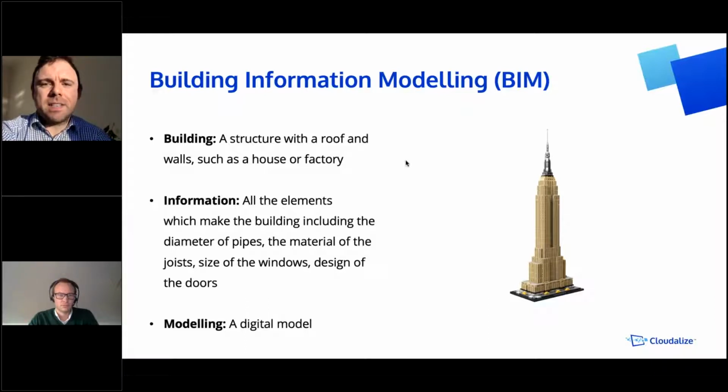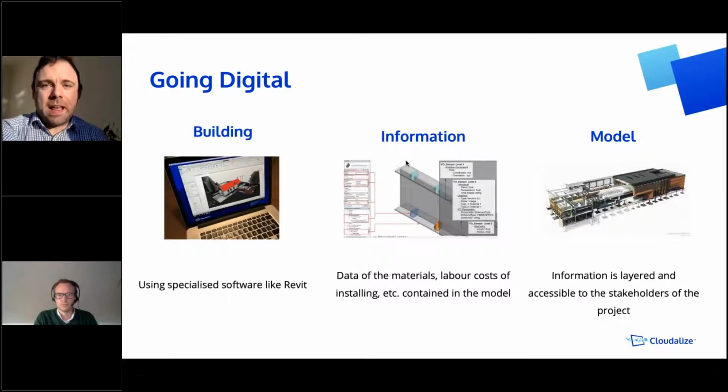The key difference is the information, expanding the information grid and legend to include all sorts of information which will help the stakeholders to communicate and collaborate better on and off site. And the modeling, instead of drawing on paper, you instead design a building model on specialized software. So to go from the Lego model of the Empire State Building on the slide previously, we have a more practical application of it.